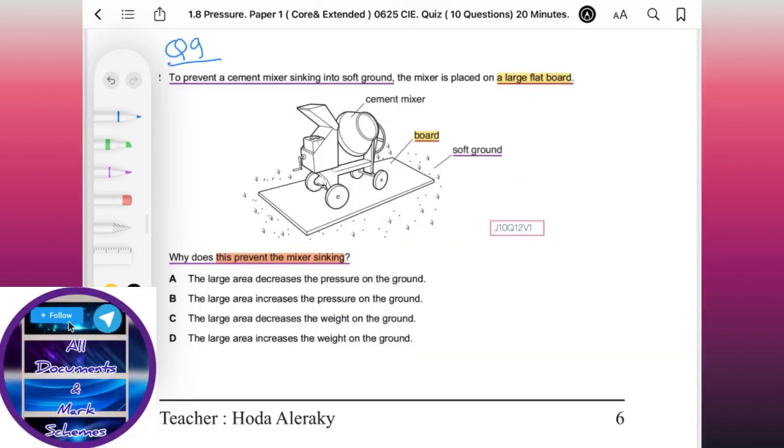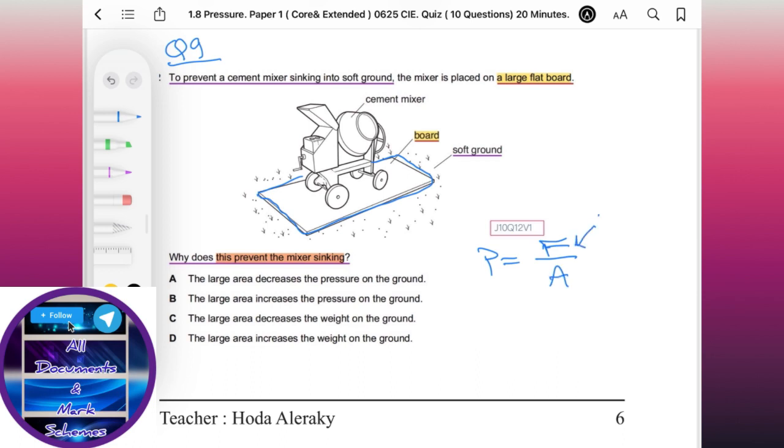Why does this prevent the mixer sinking? Okay, so you have here a large flat board, so you are increasing the area of contact. Increasing area of contact means less pressure. Pressure is equal to force divided by area.